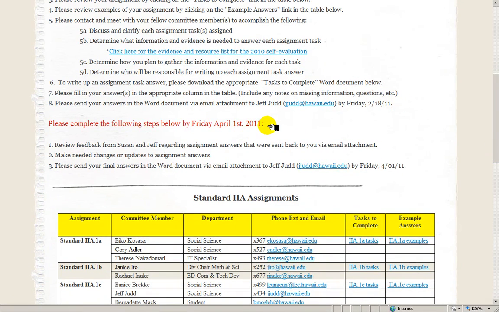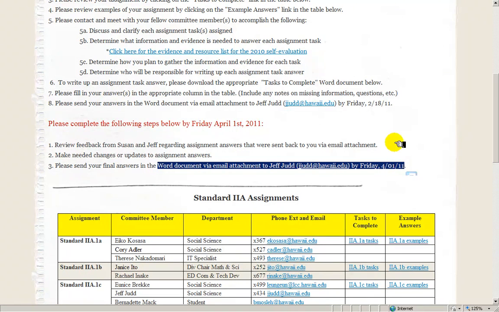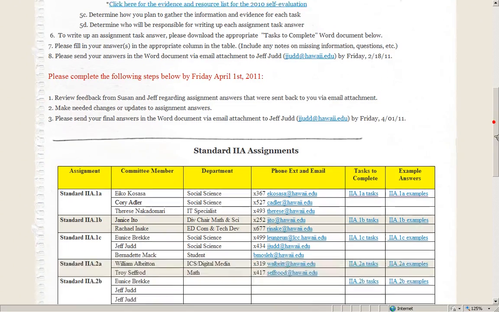And then you will receive feedback in about 2 weeks from Susan and Jeff through email attachment, and then you'll make any changes or updates to the assignment answers, and then you will submit the second draft via Word document the same way you did the first time by hopefully Friday, April 1st, 2011.